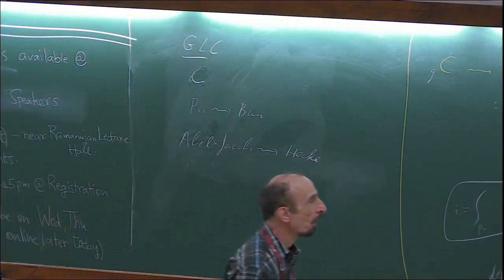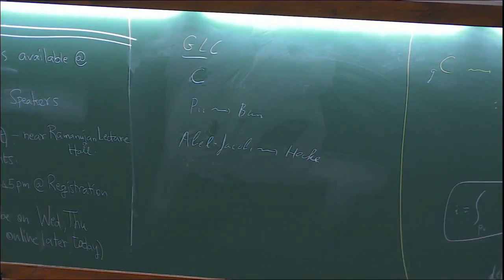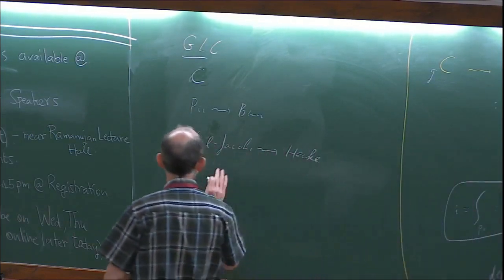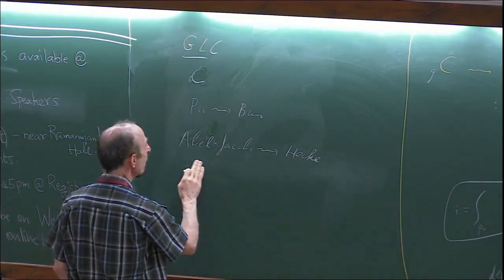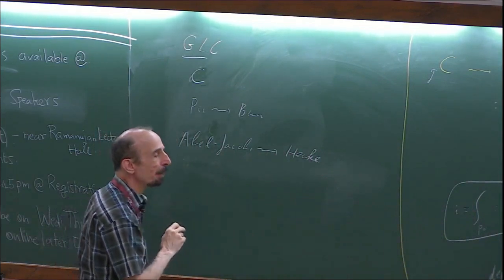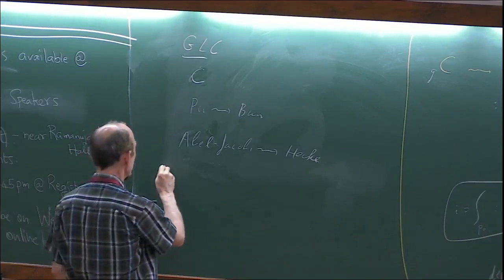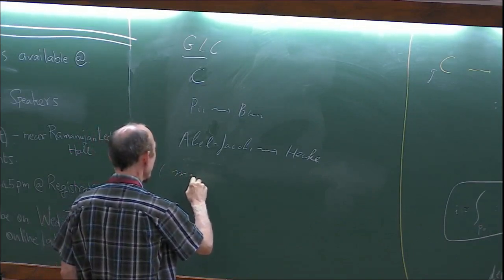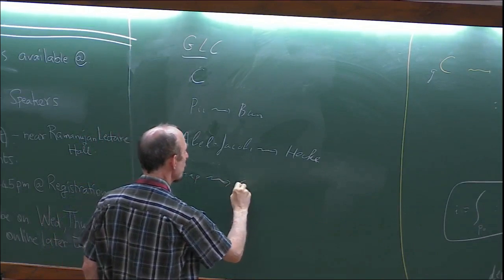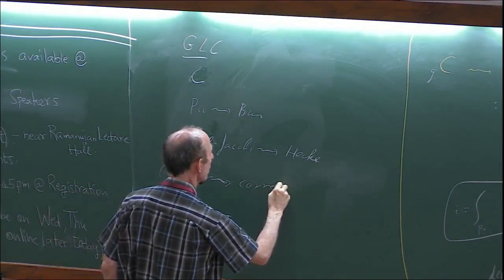So the version of I that I'm going to use is this one. The replacement is not really a map. It's a correspondence. So I should say that the map gets replaced by a correspondence.